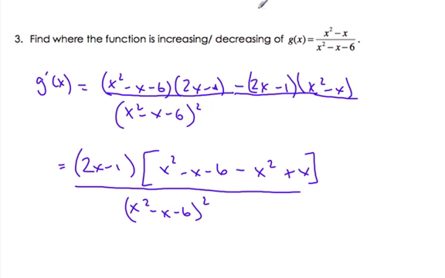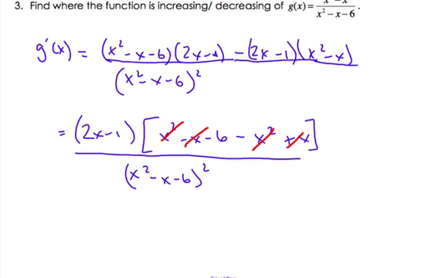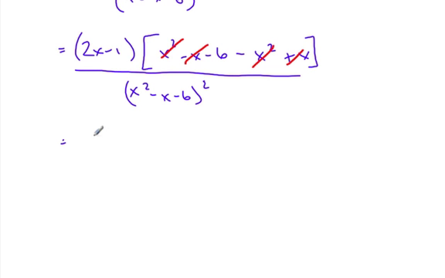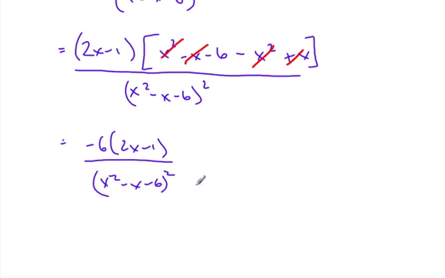Looking and seeing what cancels, I know that cancels this. This subtracts that away. And so I get this derivative simplifying to negative 6 times (2x minus 1) over (x squared minus x minus 6) all squared.